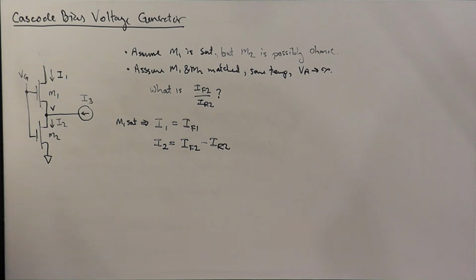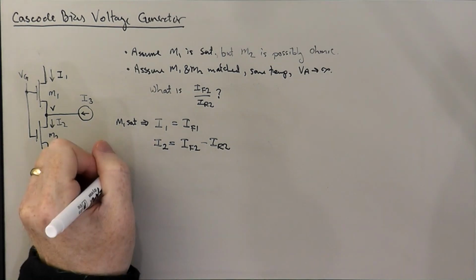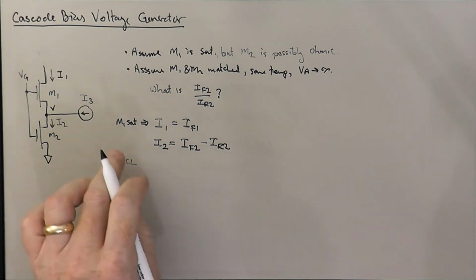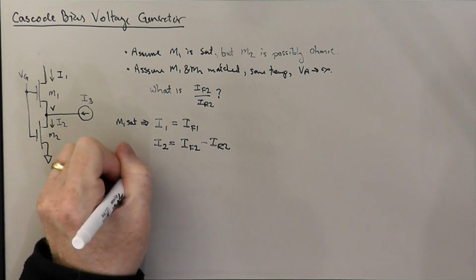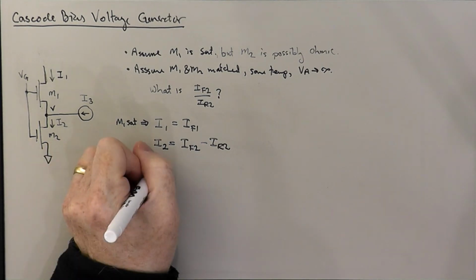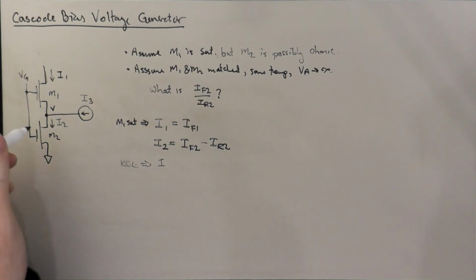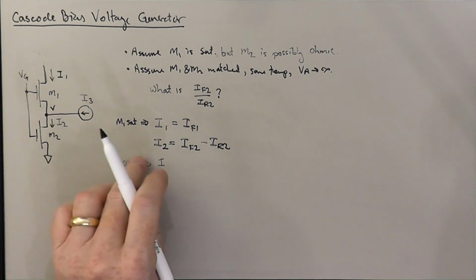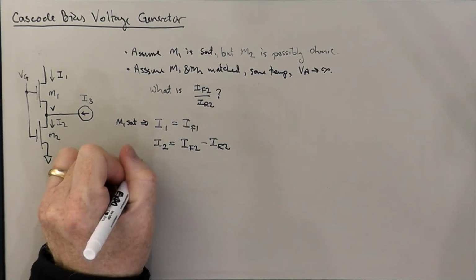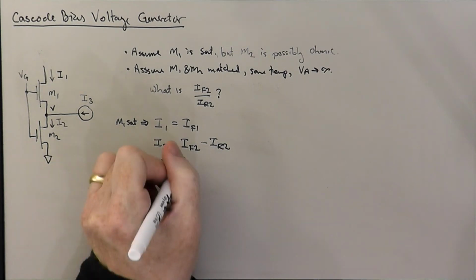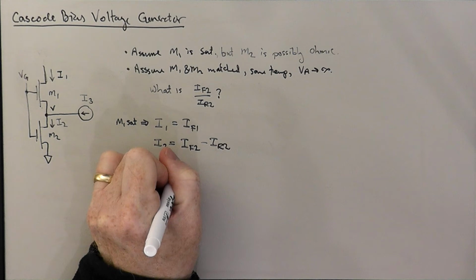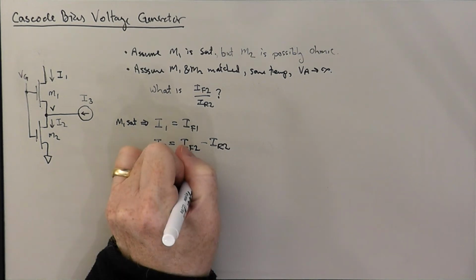No big surprise there. We also know from KCL applied at node V that I2 is equal to I1 plus I3.